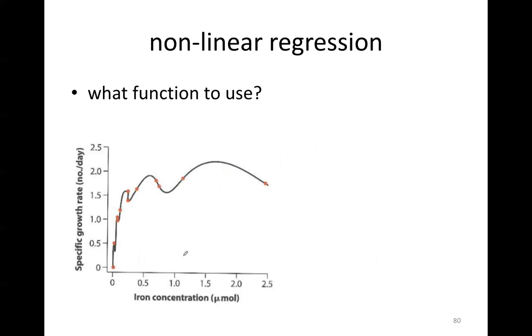So if we have such data, this is in fact some kind of Michaelis-Menten type relationship, concentration of some factor and the responding growth rate. And we have data points.